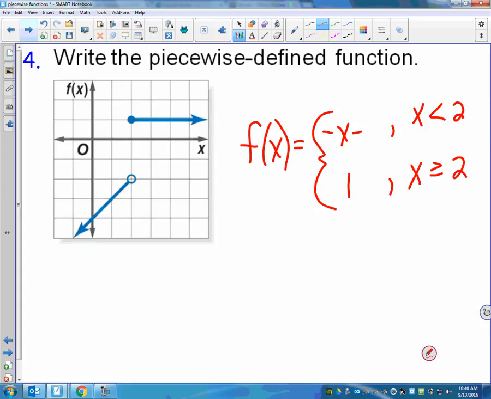Minus 4. Slope-intercept form, kids. Y equals mx plus b. This is my y-intercept. Negative 1, 2, 3, 4. This is my slope. Oh, I think I still disagree, Chandler. Up 1 over 1, up 1 over 1. Is that a slope of negative 1? That's a positive slope, isn't it?